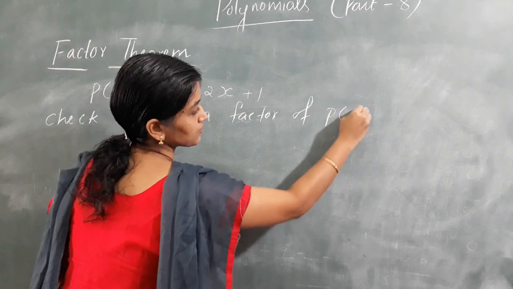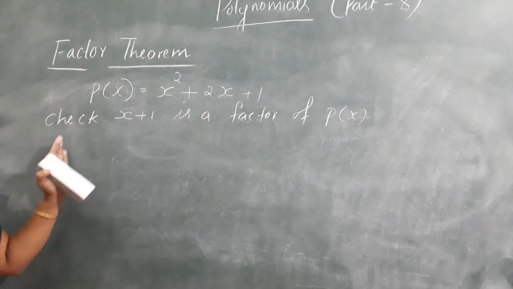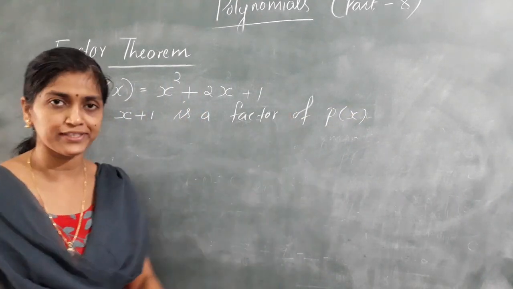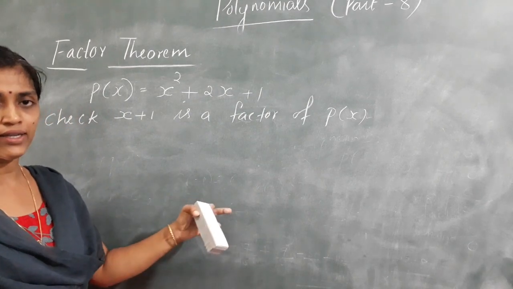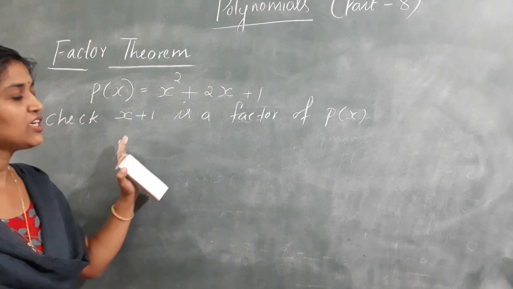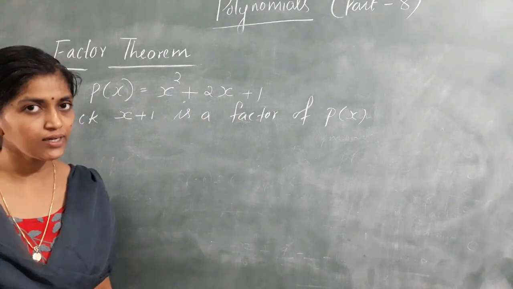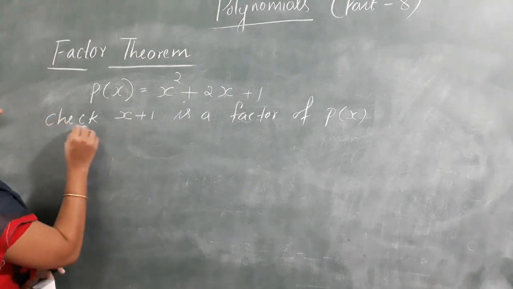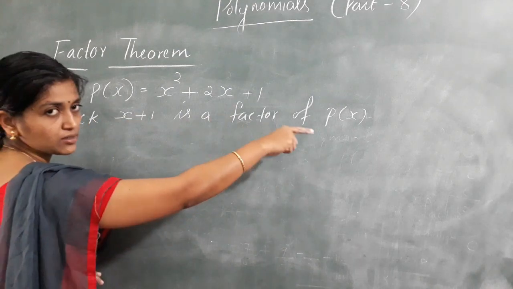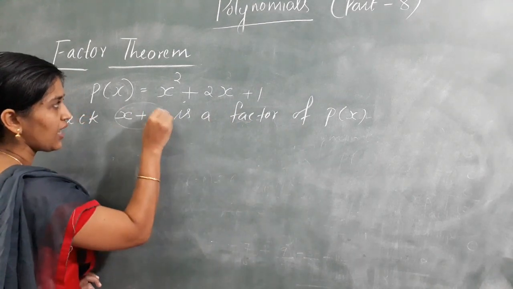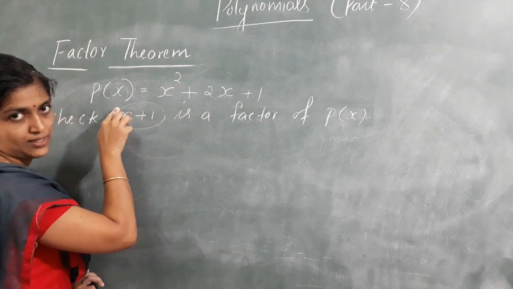How to check whether x plus 1 is a factor of p of x? I just want to find whether the remainder is equal to 0 or not. So to check, this is the divisor and this will be our dividend.